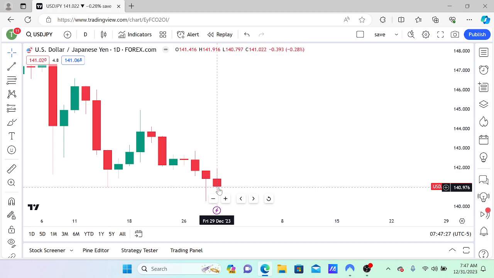The manipulation, aka the Judas swing, is going to happen right after the open. It's going to be near the open. Coming into London session is the common time you'll see it, the very beginning of London session.